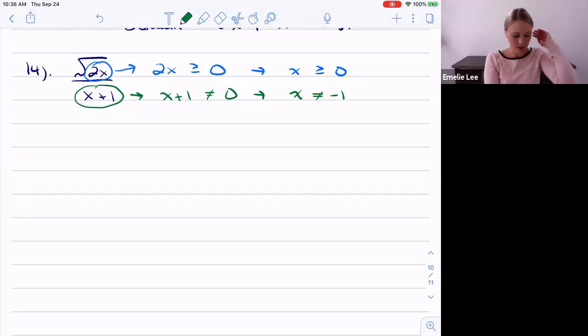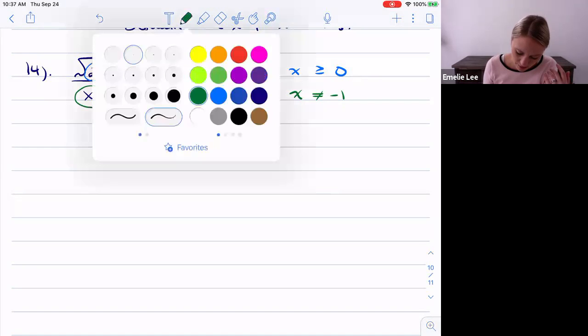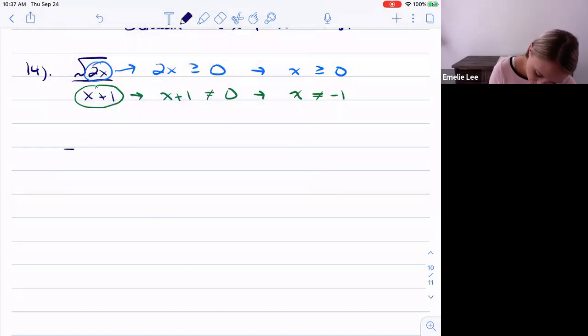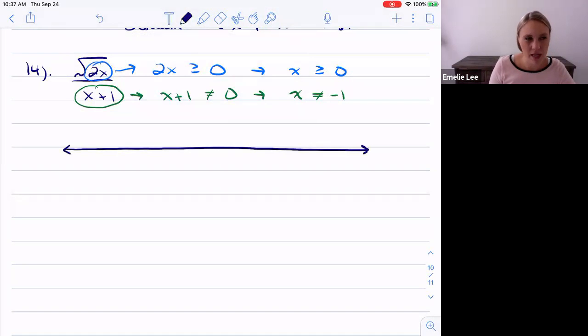So now we're going to exercise our number lines. I find number lines to be more useful if we're trying to find the overlap. If you just look at these and see where the overlap is, then that's great. But for me, I need a little bit more visual, so I'm going to do a number line here of all my x's.